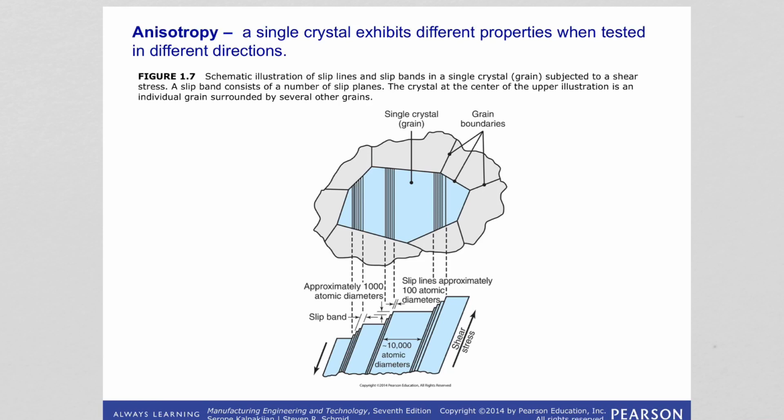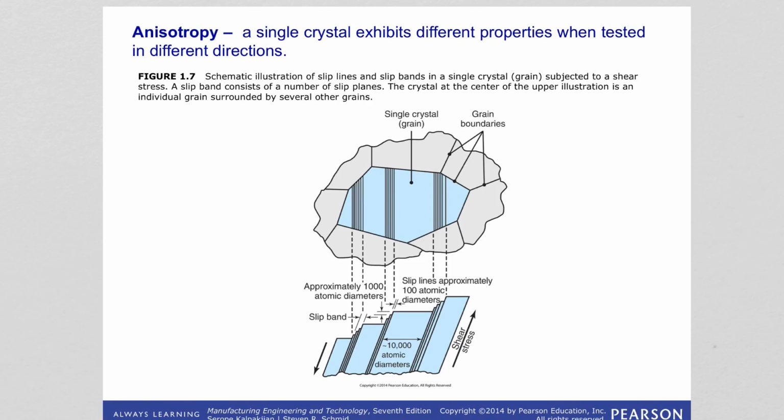Therefore, when you test, the material will show different properties in different directions. A lot of properties will be affected by this: mechanical properties, magnetic properties, electrical properties. So if the material is exhibiting different properties at different directions, then that is what we call anisotropy.